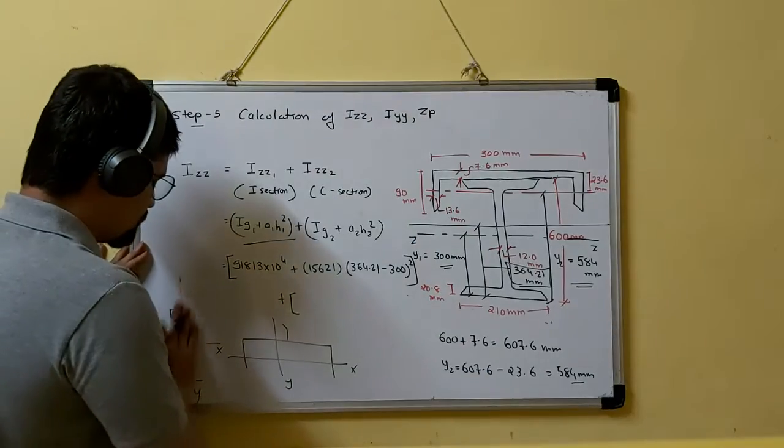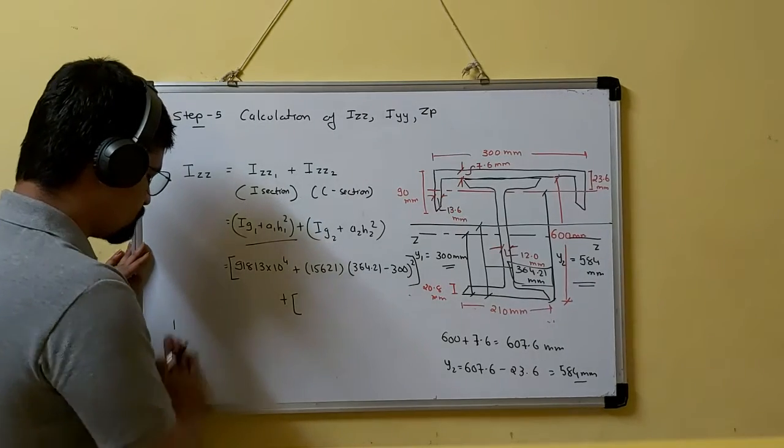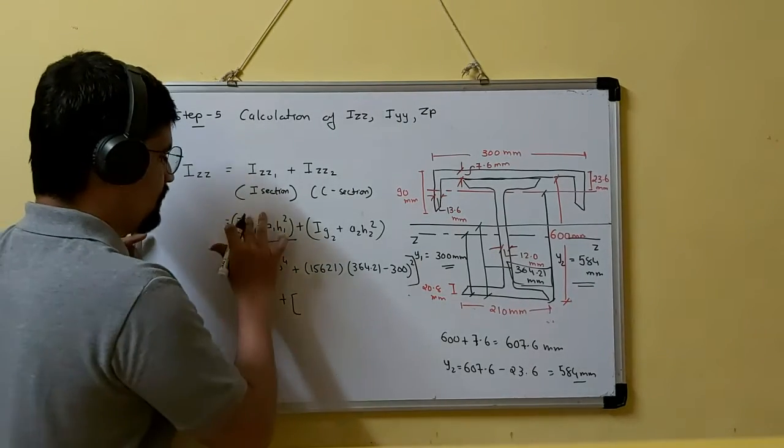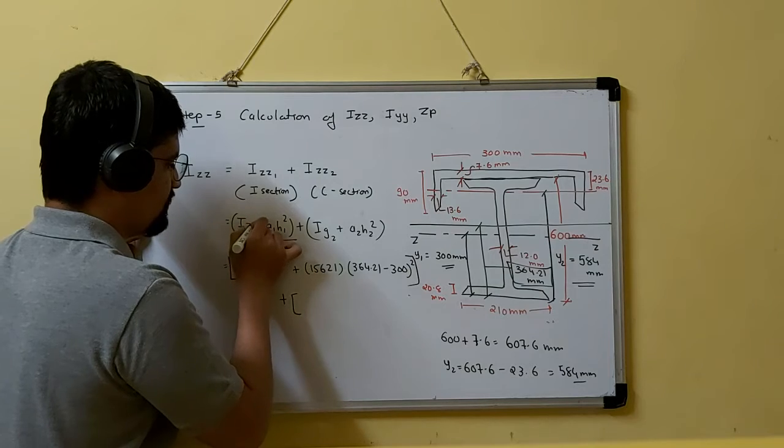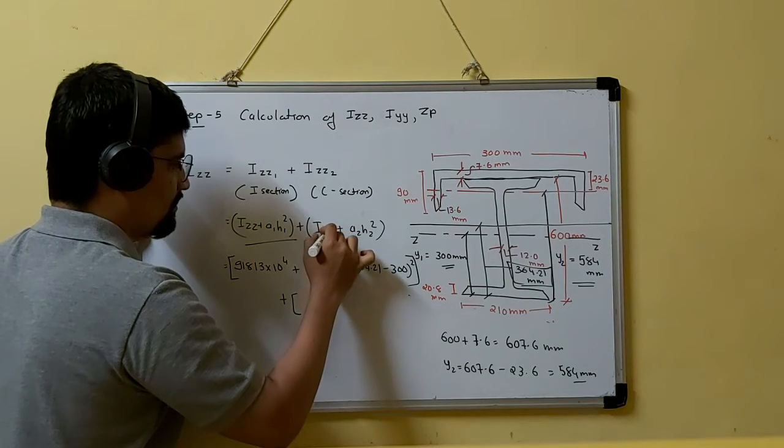So here we will consider the IYY section. Here I can write IZZ, and the right side will be IYY.